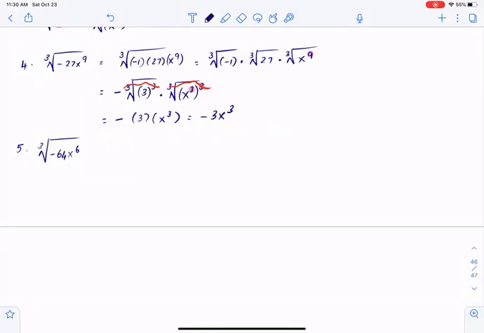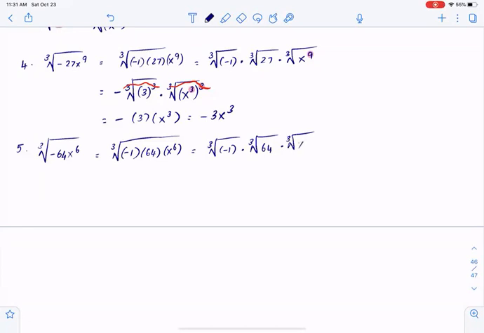So, as always, since it is a third root, we want to write the expression in powers of 3. But before that, I'm going to split that negative 64 as negative 1 times 64. Since the terms are in product, I can split the radical. Cube root of -1, cube root of 64, cube root of x raised 6.